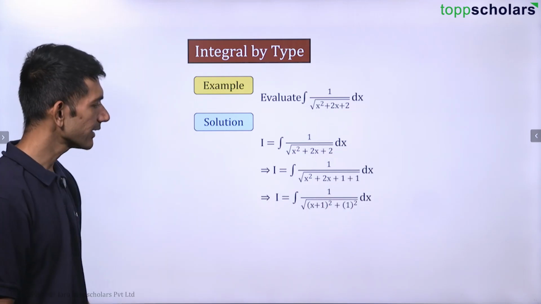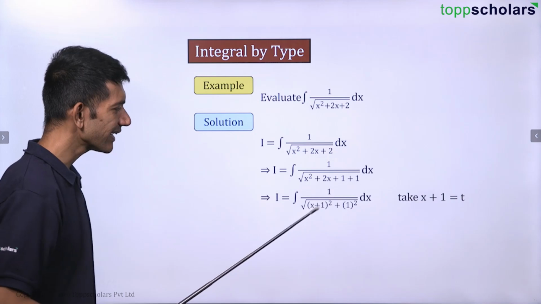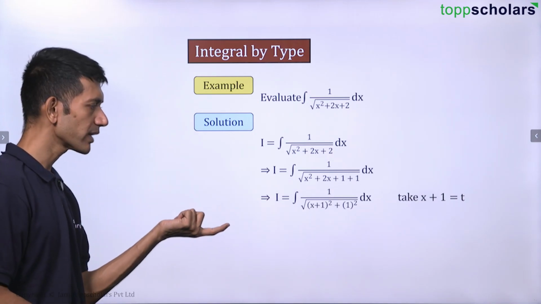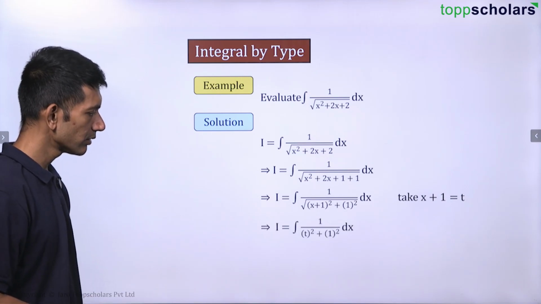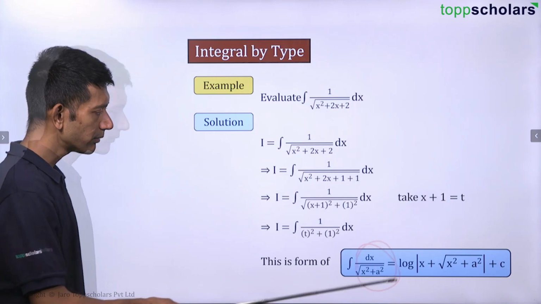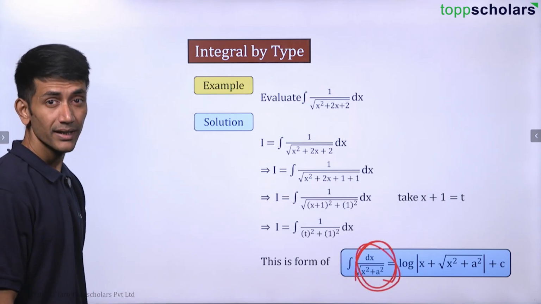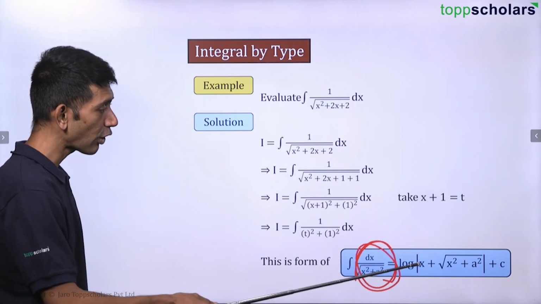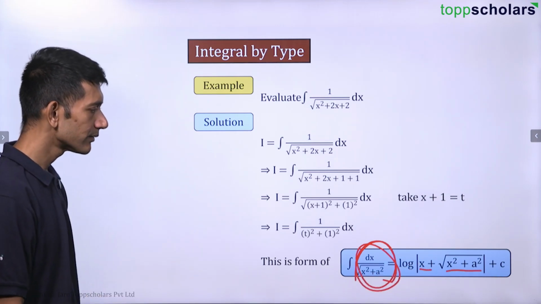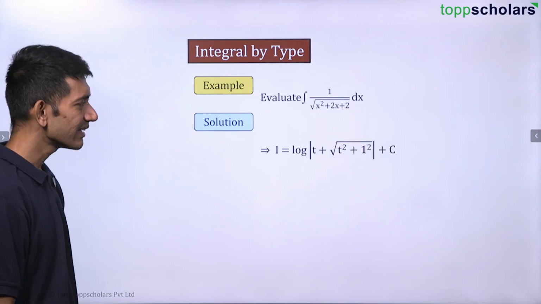Clear? Let's continue. So here we can take this as t. We can directly also do it. Even if you don't want to take it as t, that's okay. So this becomes t square plus 1 square. So this is of the form 1 by under root x square plus a square, which is log of x plus square root of x square plus a square plus c. Put the values there. Here we have it in t, doesn't matter.